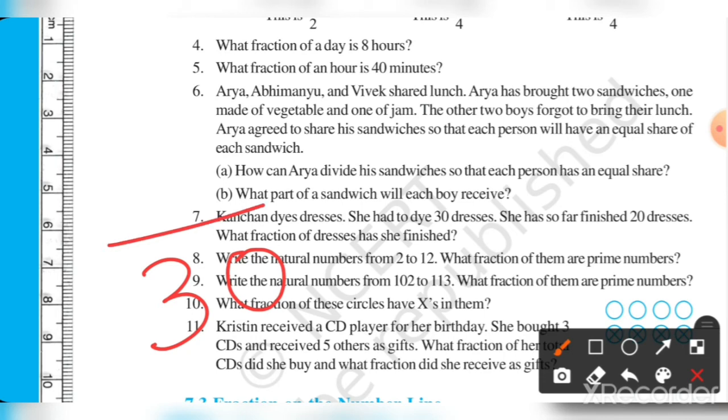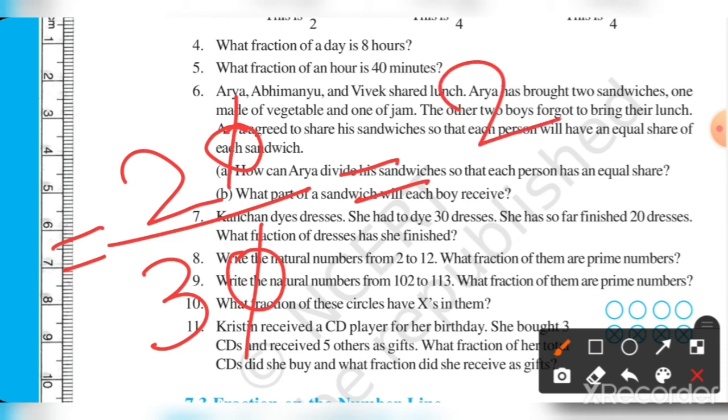Out of 30, she has finished 20 dresses. So what part as a fraction? 20 upon 30. We can cut. So the answer will be 2/3 part of dresses. So you can write: Kanchan has finished 2/3 part of her work.